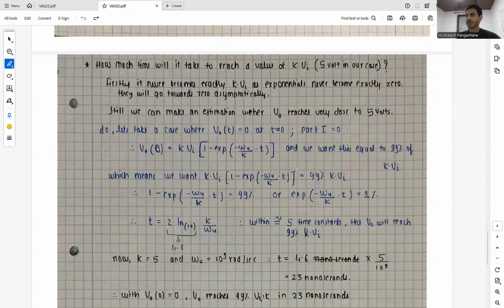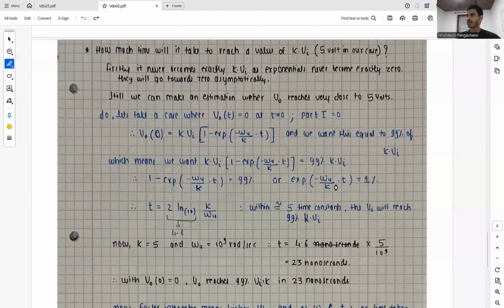So if we want this part to be 99% of k vi, and we know that here we have k vi, then we want only this exponential part as 1%.